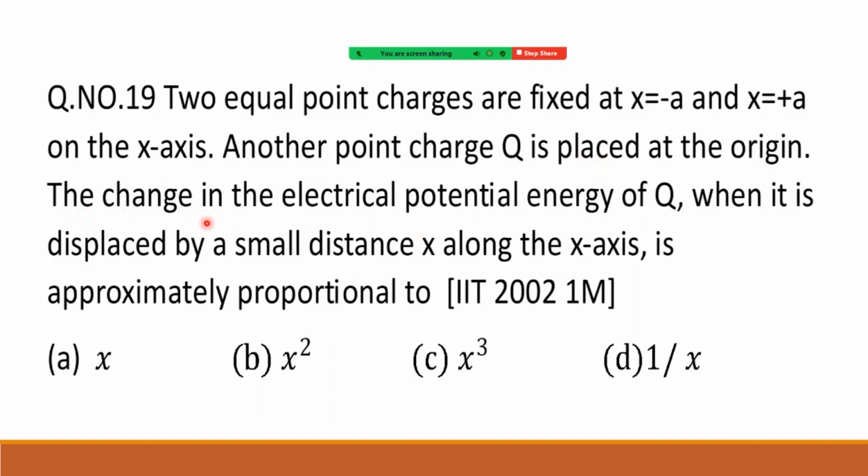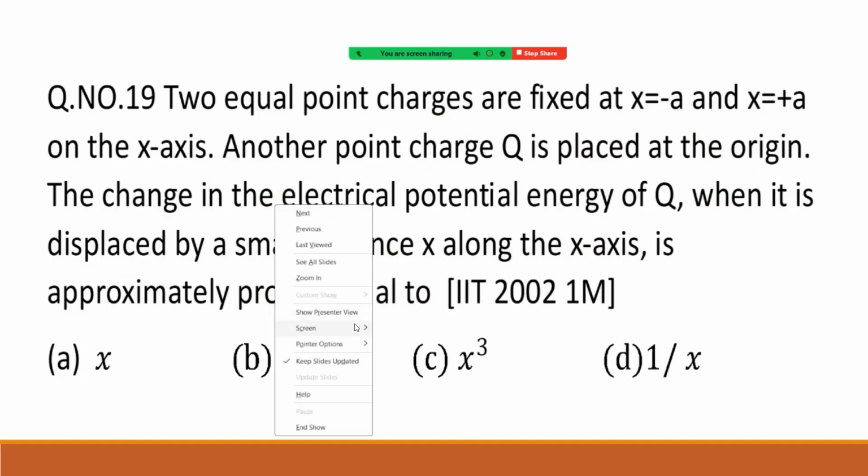The change in the electrical potential energy of q when it is displaced by a small distance x along the x-axis is approximately proportional to. Given small displacement, right? So equal point charges, and this is plus q at origin, so plus minus a, plus a. Asking the change in electrical potential energy. Now see carefully.